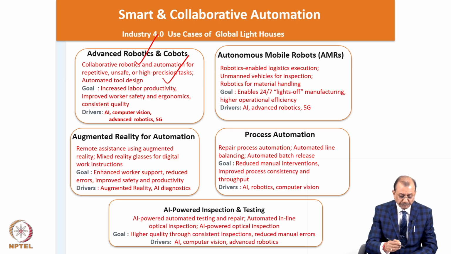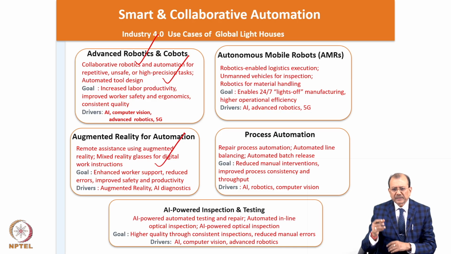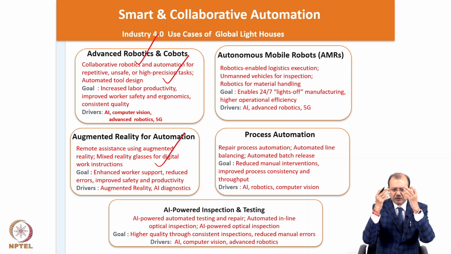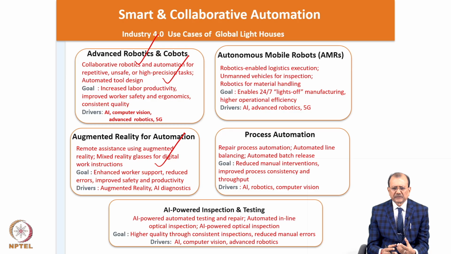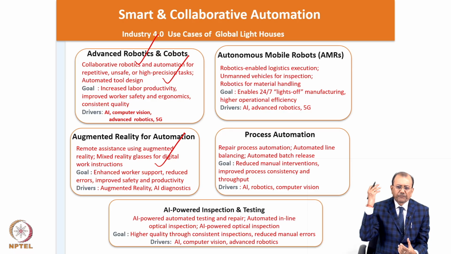Augmented reality for automation: remote assistance using augmented reality. When some workers are in remote areas where they don't have the facility of technicians, or they don't have the facility of some labs, with the help of augmented reality tools, like AR VR glasses, they can get connected with their cloud systems, their back office, and they will be able to perform their responsibility in a much better way.